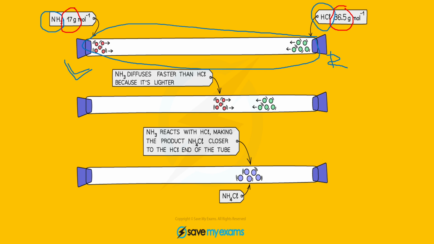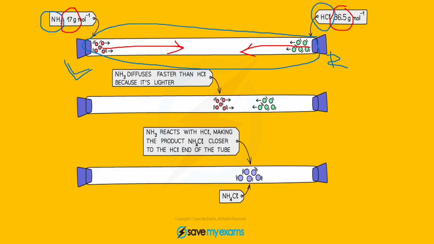So particles will move from the cotton inside the tube. Hydrochloric acid from the cotton will move in the form of gas inside the tube. Ammonia gas particles also will move from the cotton inside the tube.